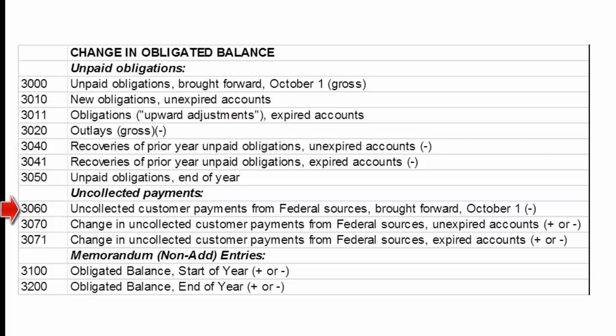Uncollected receivables, that is, amounts owed to the account at the beginning of the year, appear on line 3060, and changes to these amounts during the year show up on lines 3070 and 3071. Finally, the obligated balance beginning and end of year net is calculated and shown on line 3100 and 3200 respectively.